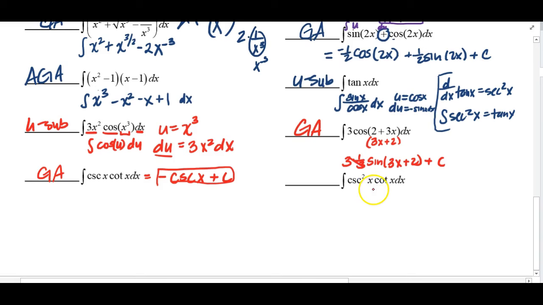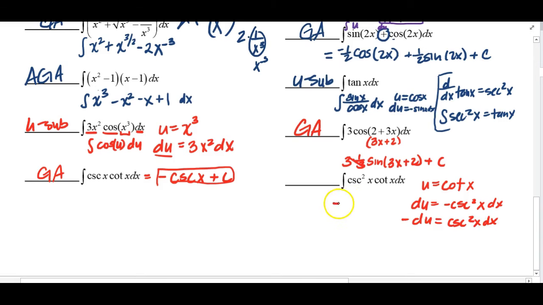And then this last one does not have a general antiderivative. There's no real algebra I can do here, so it's a U-substitution. And the u that I would choose here is cotangent x, because I should know the derivative is negative cosecant squared x dx. So that's close to what I have left over as long as I divide out the negative.